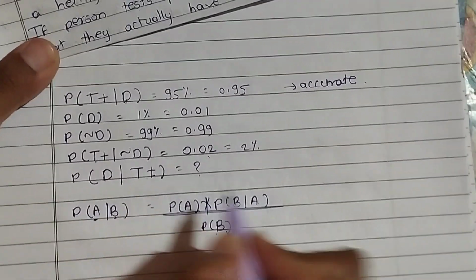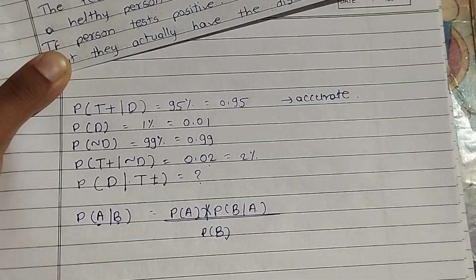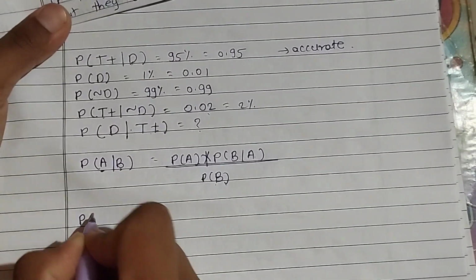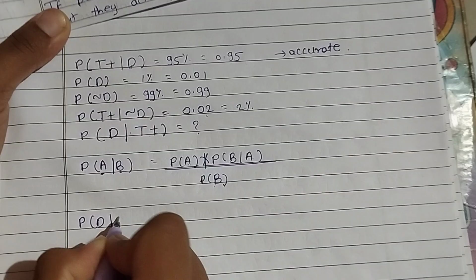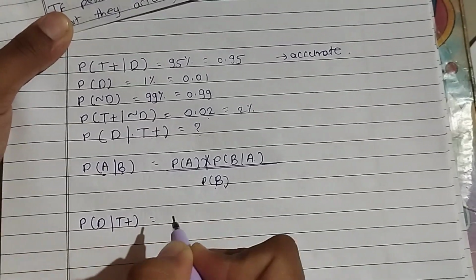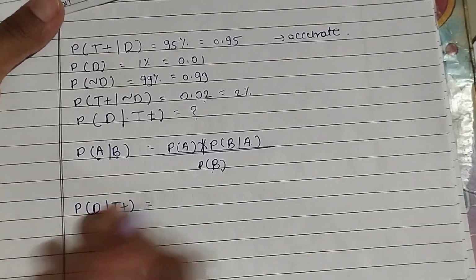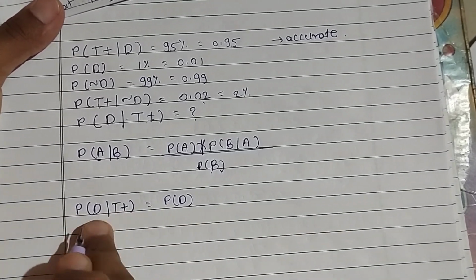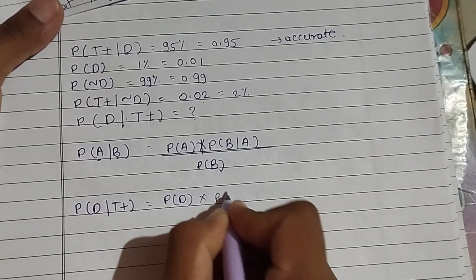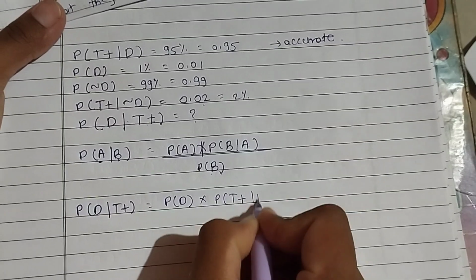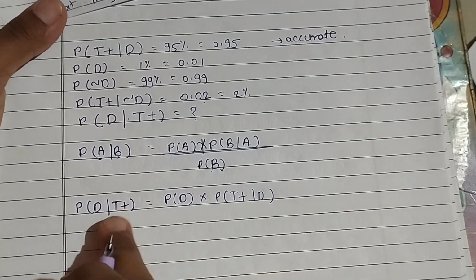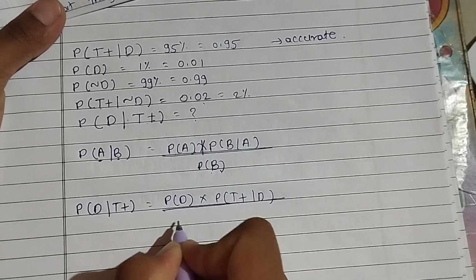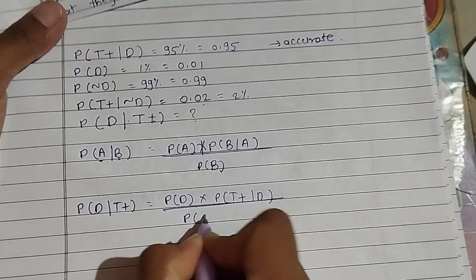If we want to find the probability of D given T plus, it is nothing but the first term, probability of D, times the interchanged term, probability of T plus given D, divided by probability of T plus.